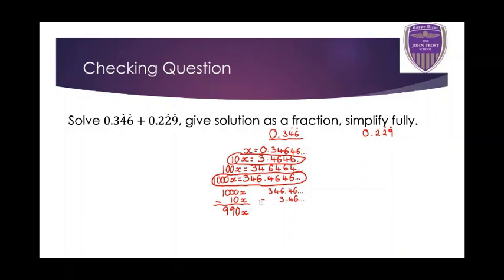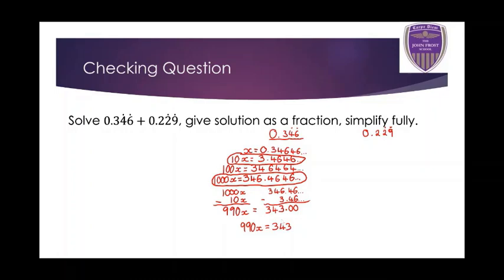3.46 recurring. So 6 take away 6 is nothing, 4 take away 4 is nothing, put in the decimal point, 6 take away 3 is 3, 4 take away nothing is 4, 3 take away nothing is 3. So now we know 990x is equal to 343. Just write that down.